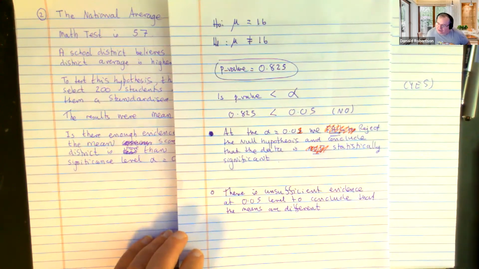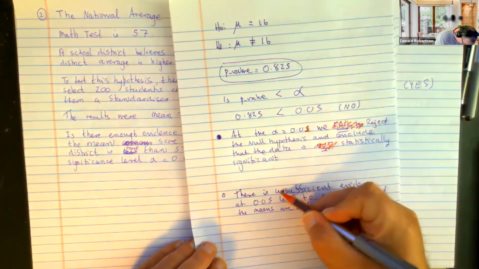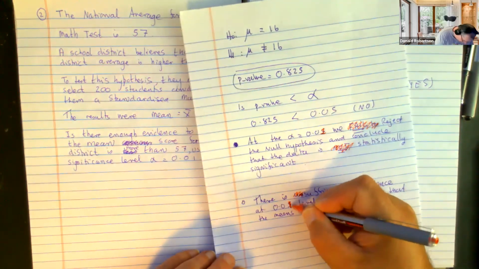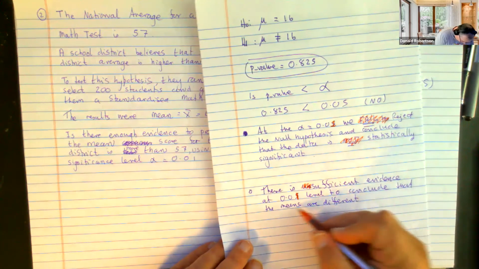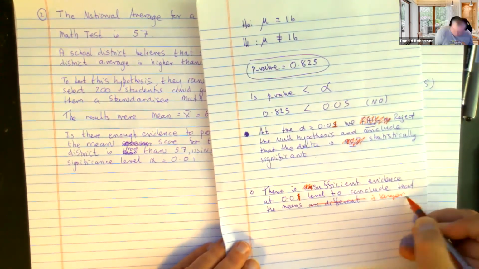Agreed? That's the sentence you would use. And in English, there is sufficient evidence at the 0.01 level to conclude that the mean, whatever it is, is larger in this case.